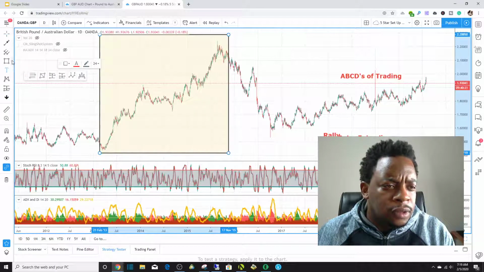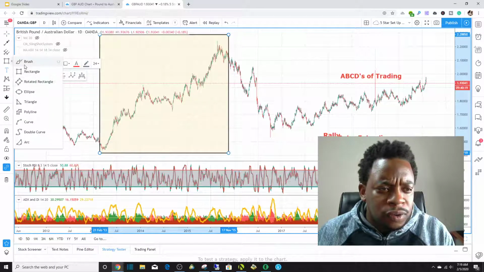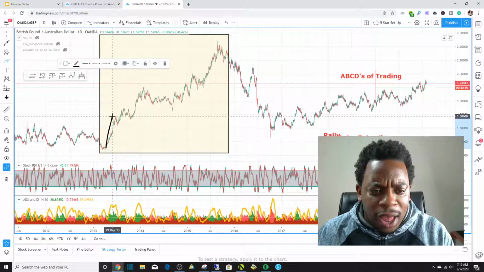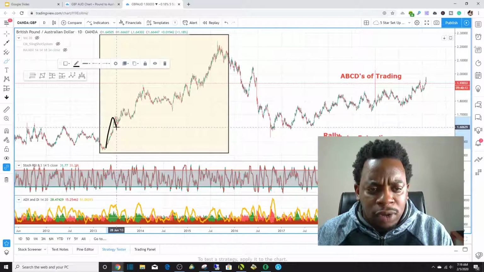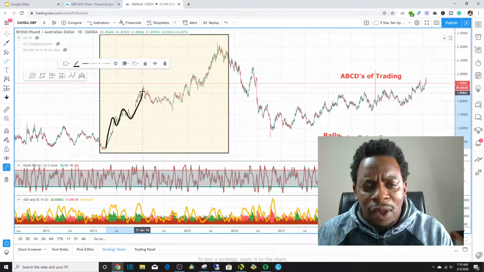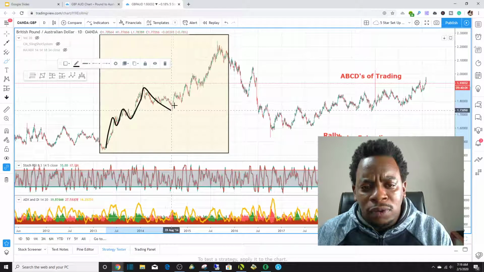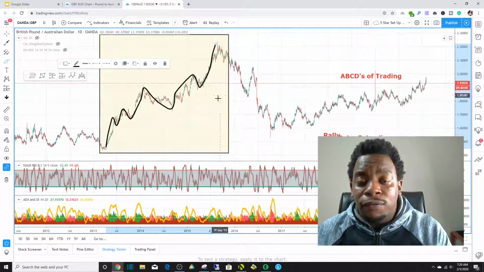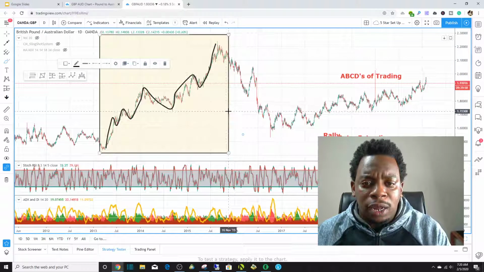So let's use the brush tool and give an example of what it looks like. We can see a higher high, a higher low, then it extends out to a higher high, then a higher low, higher high, higher low, higher high.